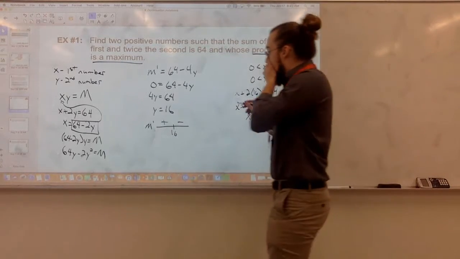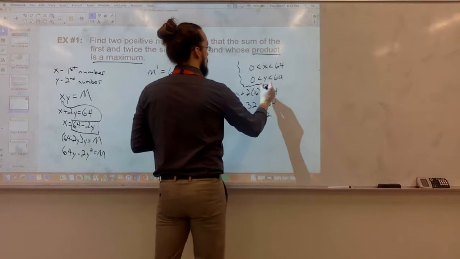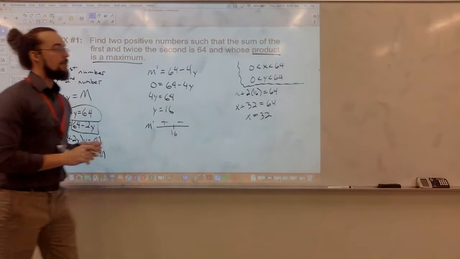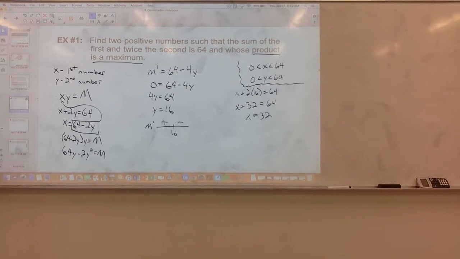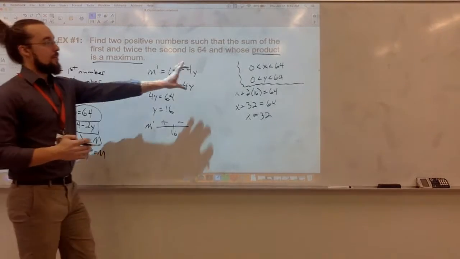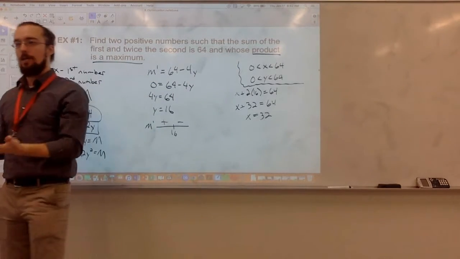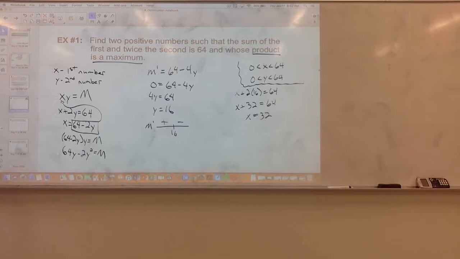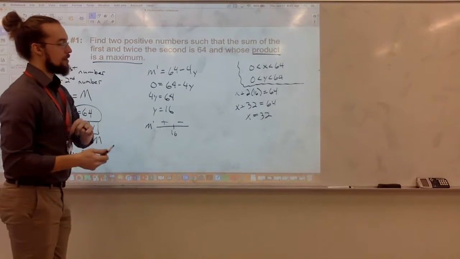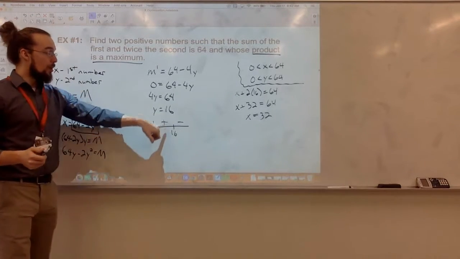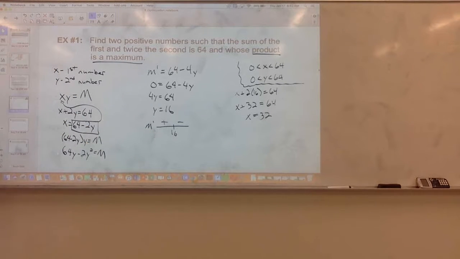Now, in this problem, the domain didn't really come into play. We didn't get any negative possibilities. The one critical point we got was a maximum.